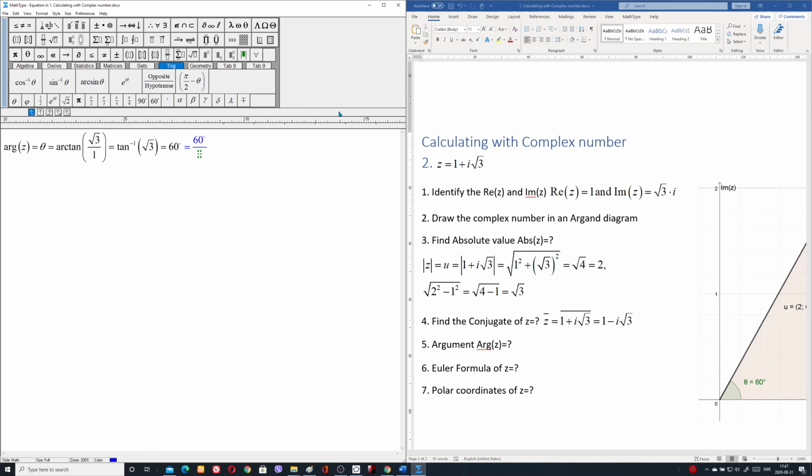60 degrees multiplied by pi and divided by 180 degrees. Let me see what we should get.